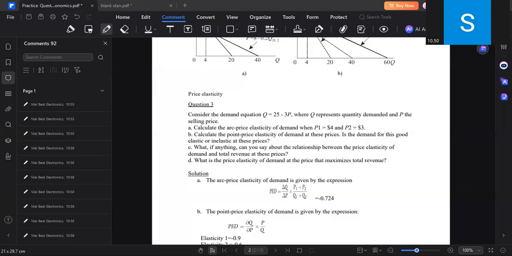So just to explain a few things here, you must understand that there's a relationship that exists between price and this application that we have for elasticity of demand.